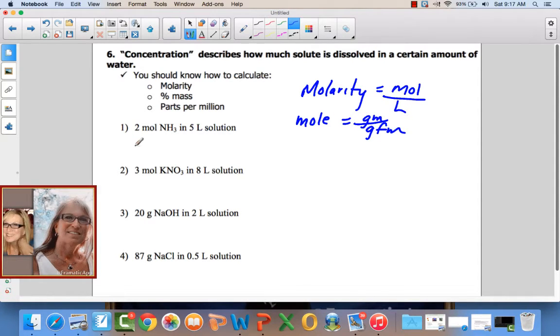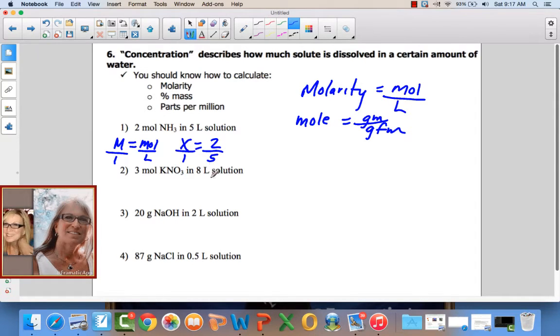So, 2 moles of NH3 in 5 liters is what molarity? If we substitute in molarity equals moles over liters, remember always put the 1 here because then you have the proportion set up. You're trying to find molarity, so x over 1 equals 2 over 5.